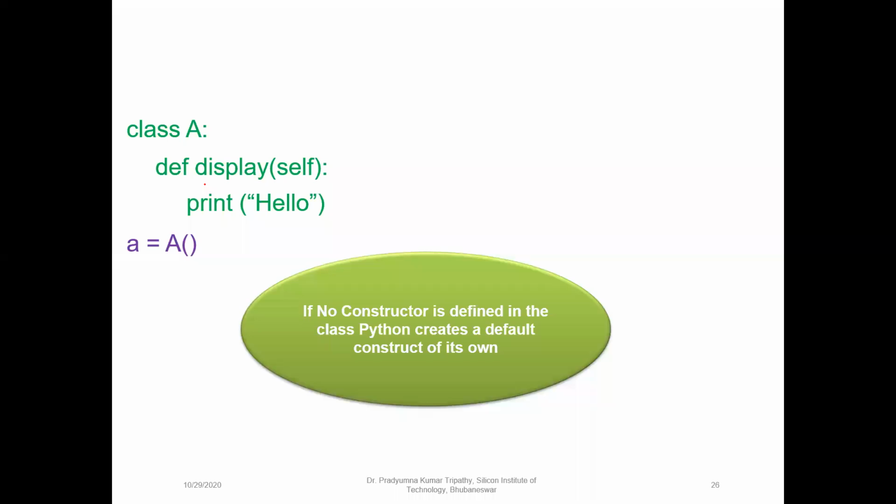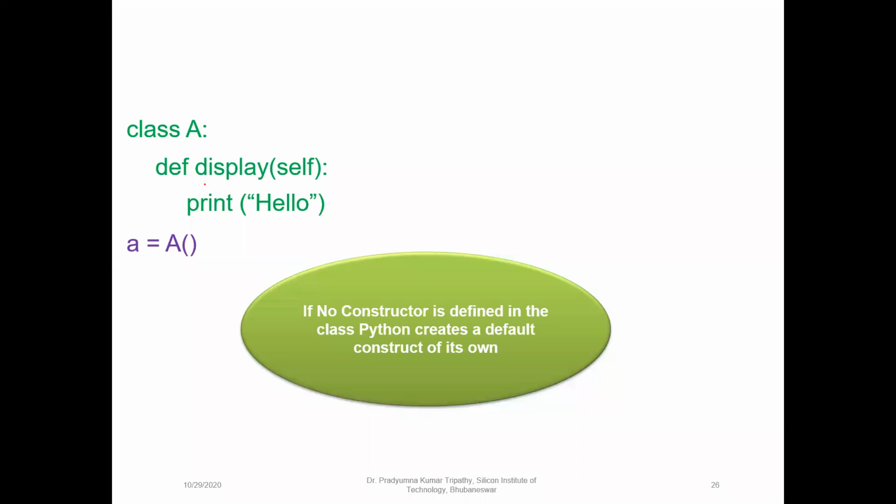Sir, if we use any variable inside a function, then must we declare it in the init function? No. If you want some variables for the object, then you define them inside the init. If you only require some temporary variable inside a method, you can define it inside the method itself.